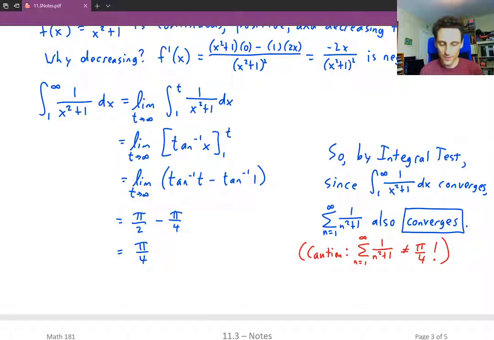Now, one final note about this example is this. For the integral test, all we need to know is, does the integral converge or diverge? Now, we can do it directly by evaluating the integral. We take the limit as t approaches infinity and work out everything, and we eventually got pi over 4. But we didn't really need to know that we get pi over 4. All we need to know is, does this integral converge or diverge? Now in this case, we could have used a comparison test.